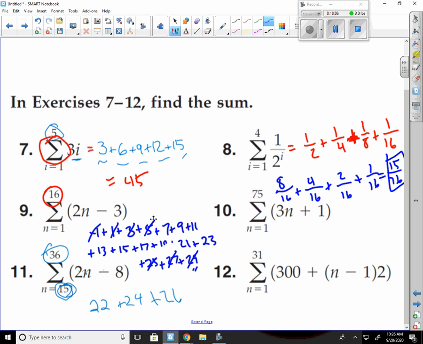So I have 3, 4, 5, 6, 7, 8. So I have 8 different 28s. 28 times 8 gives me 224. If I had actually just added those up, I would get exactly that, 224.